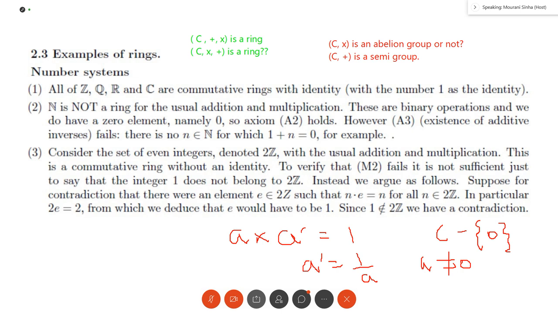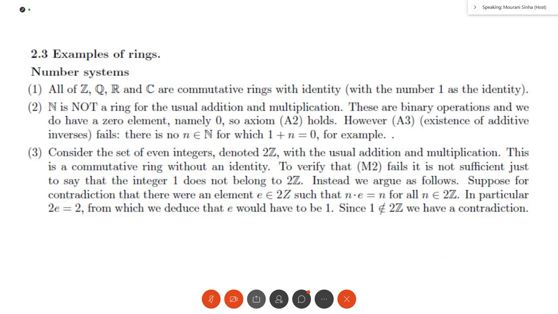If I consider first multiplication and then addition, my answer is that this is not a ring, because I will not get inverse. Then come the other properties, distributive or whatever it is. Anyway, have you got it? Okay.